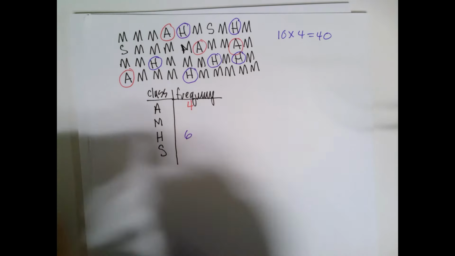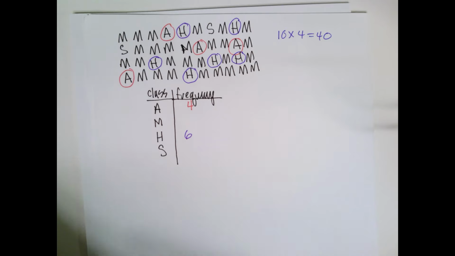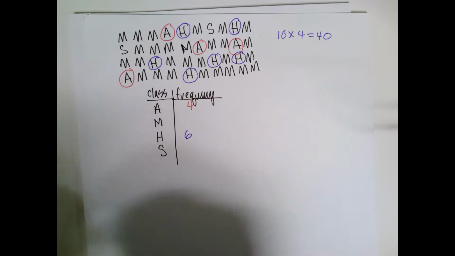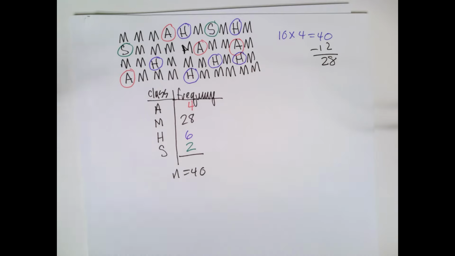So there's 6 of those. And let's see, S's. They're easier to find. So we have 2 S's. So that looks like what, 12? So 40 minus 12, that'd be 28. So there should be 28 M's. Okay, there's our frequency distribution.